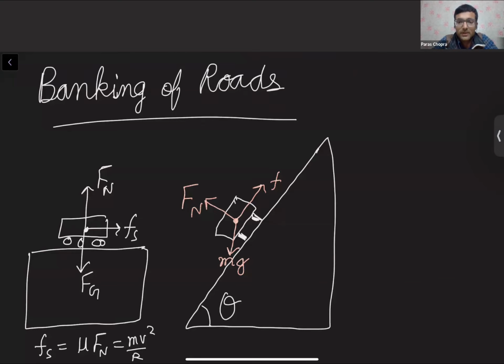Now, apart from the frictional force, you can see there is also a component of normal force along the center. So that means the centripetal force will not only have the component of frictional force, it will also have a component of normal force. Therefore, the centripetal force will be more, and we would get a better circular motion if there is banking.